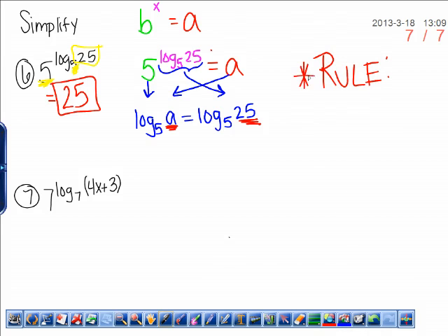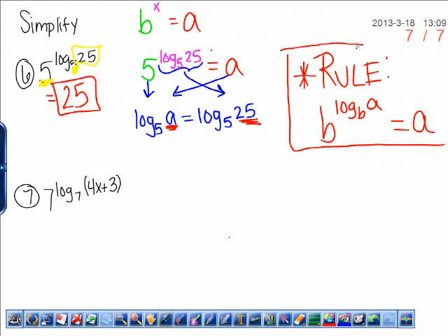If you have b raised to the log base b of a power, what will that simplify to? A. So you don't have to go through this each time. As long as you recognize this rule, you can get your simplified answer.